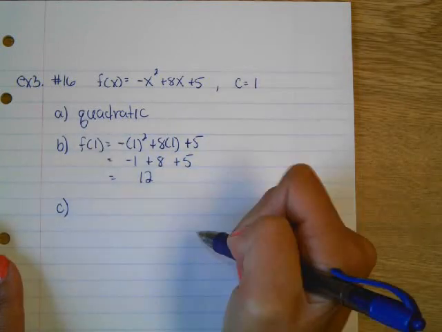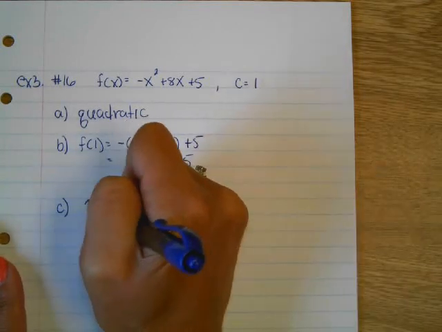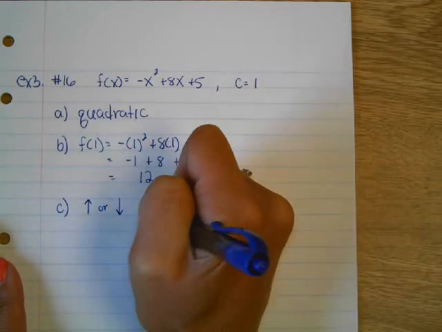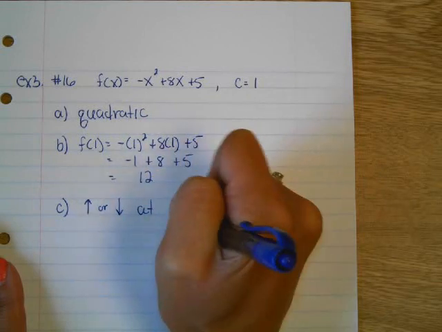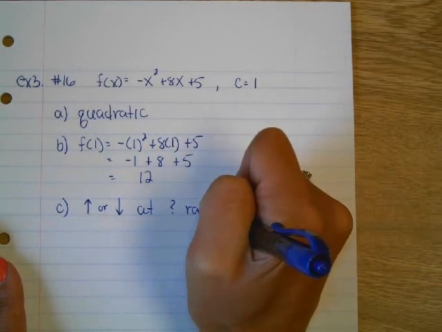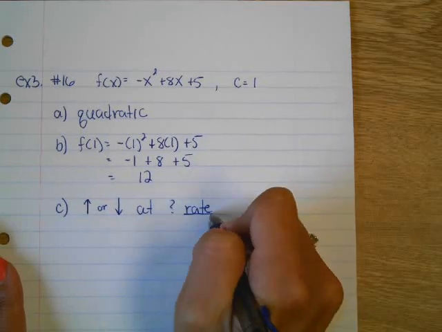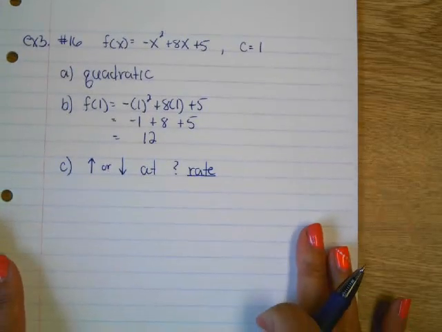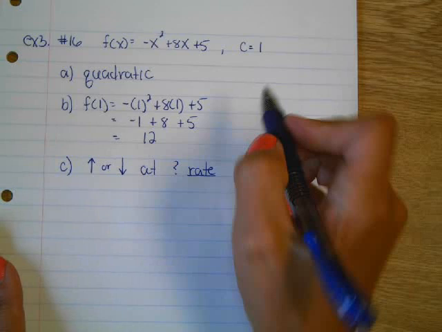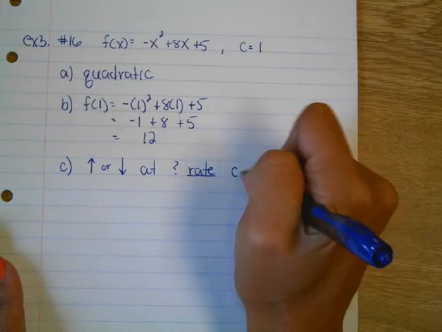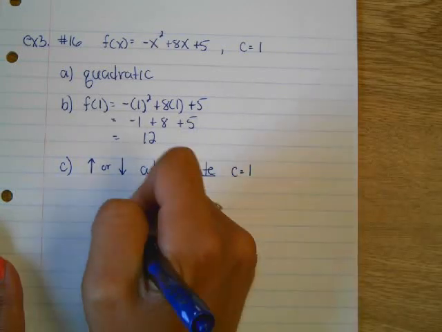And then c, I want to know whether it's increasing or decreasing, and at what rate. Okay, anytime I see rate, I'm going to think derivative, 3-point table. So, and it's at c equals 1. So, I want to make a 3-point table.